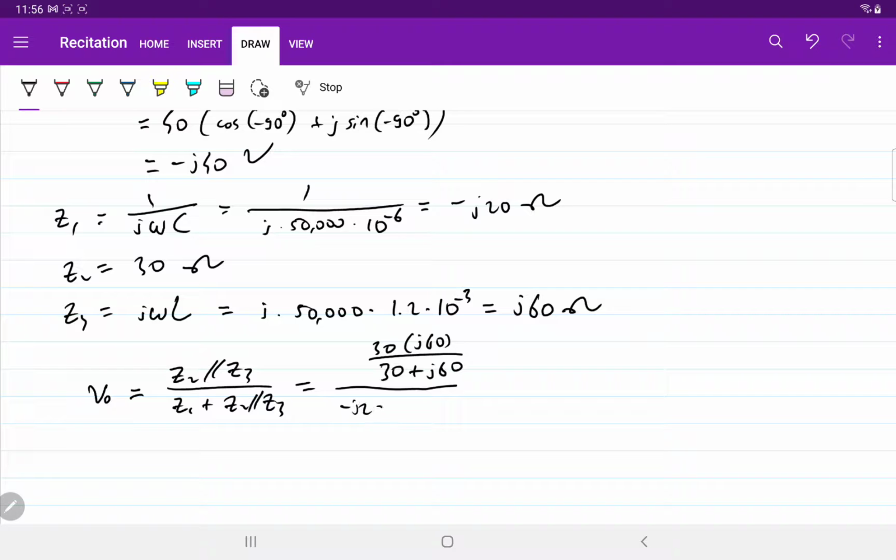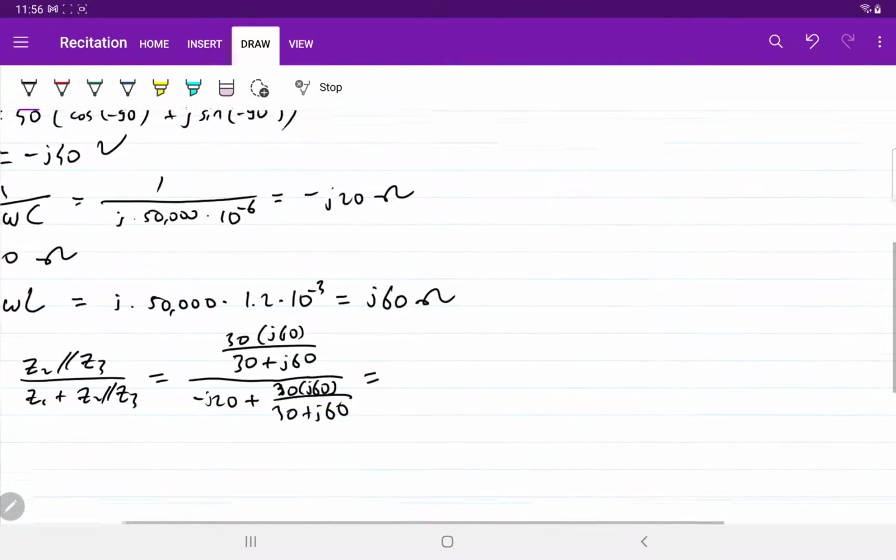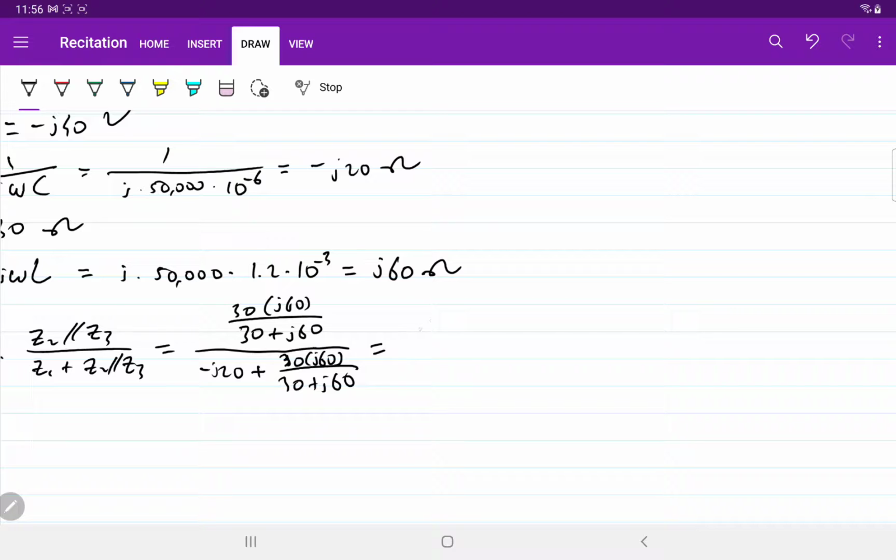So the same with this one, minus j20 plus 30 times j60 over 30 plus j60, and this is 24 plus j12, minus j20 plus 24 plus j12.